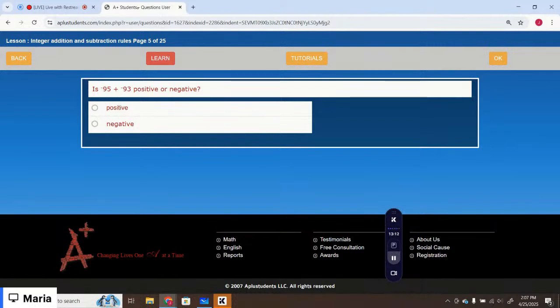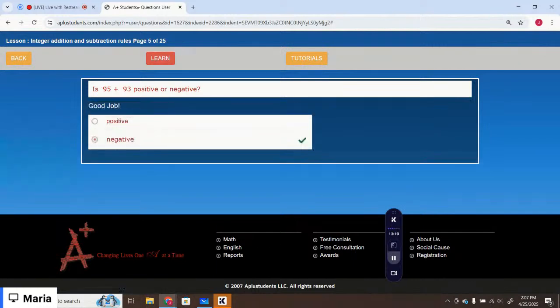Negative it is, because 95 is a greater number that has a negative sign. Just look at the sign of the greater number.